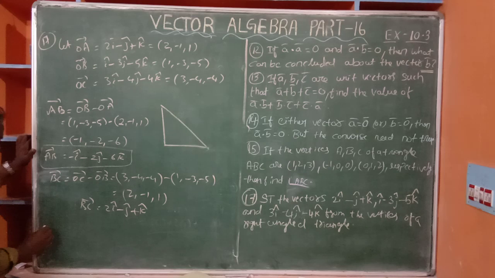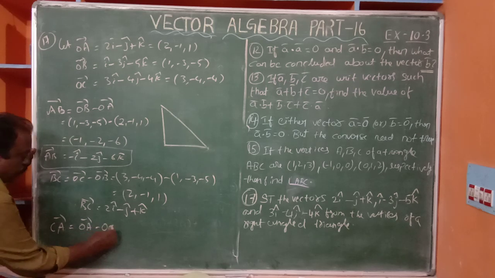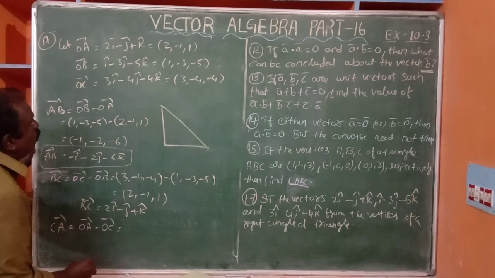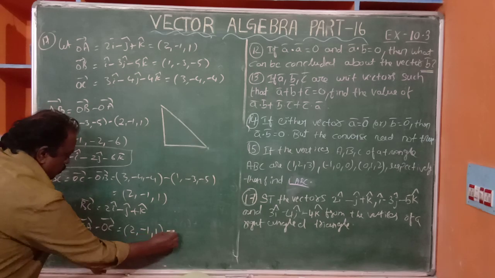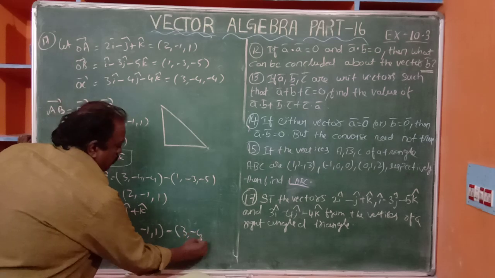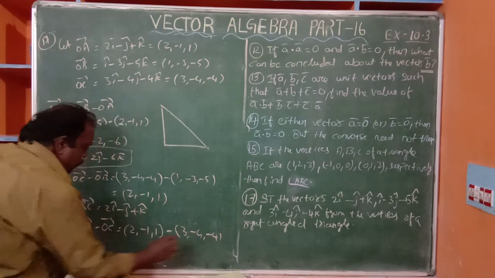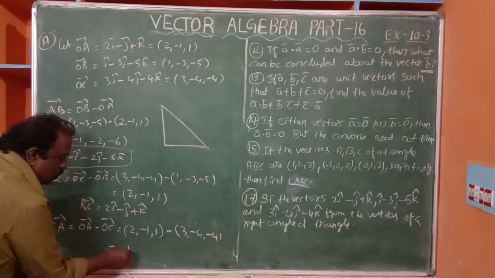And one more thing. CA bar or AC bar, what does it mean? OA minus OC. OA is 2, minus 1, 1 minus OC bar, which is 3, minus 4, minus 4. It is 2 minus 3 is minus 1.